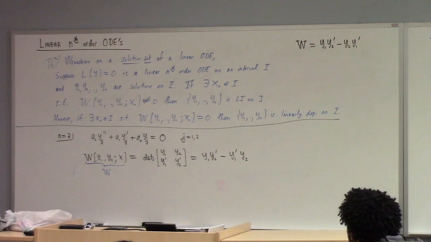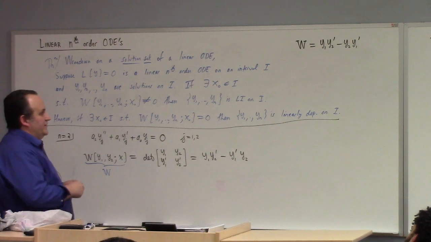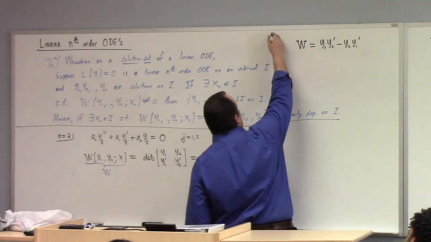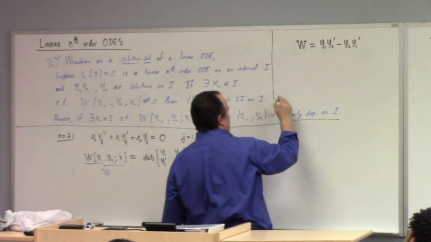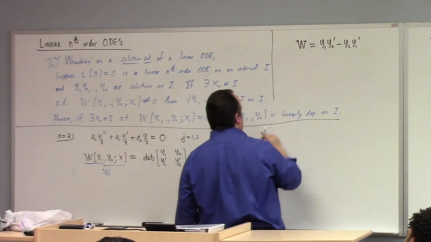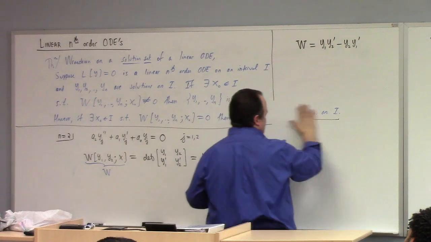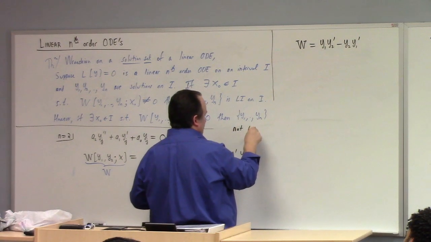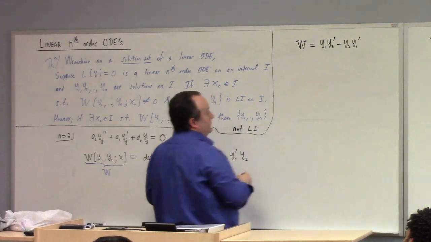So then what? My claim is that we're going to find a nice formula for the Wronskian. So what should we do if there's any hope for that? I hope you guys don't mind if I erase that and just put not linear independent here. There, okay. How about this?